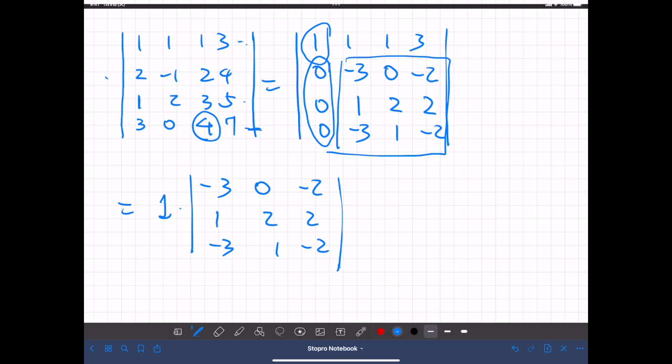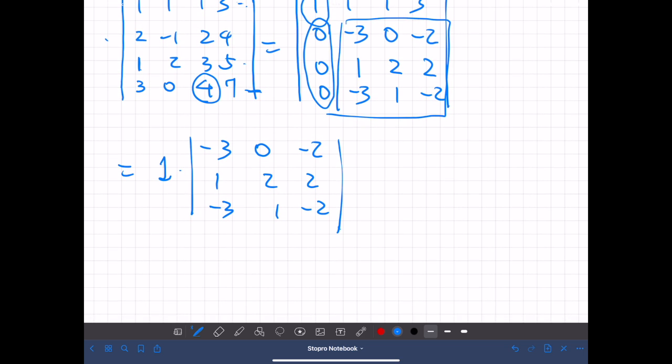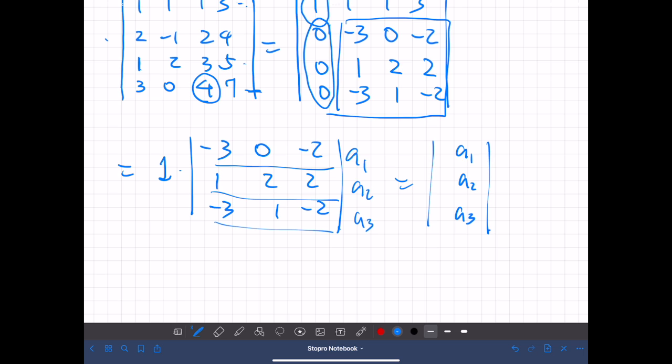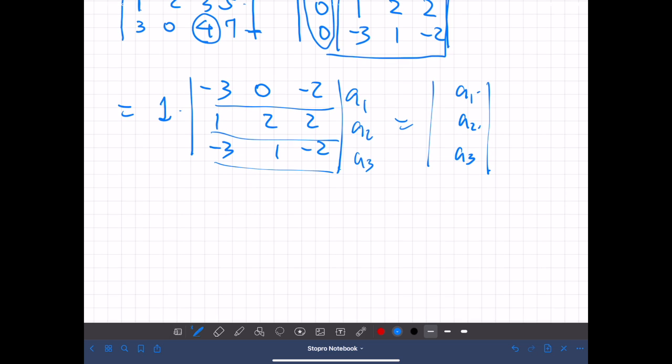Now, we can apply the same method, but we can use another simplifying method. So let's write this as A1, this as A2, and this as A3. So this is like A1, A2, A3. And if we swap any rows or columns, actually, let's swap these 2 rows, then we have negative A2, A1, A3.